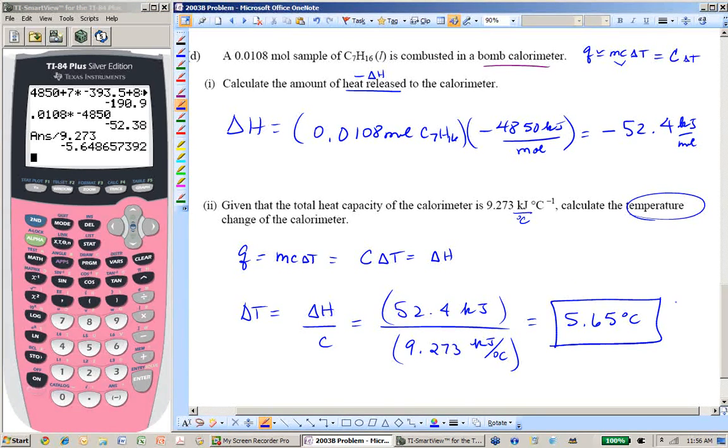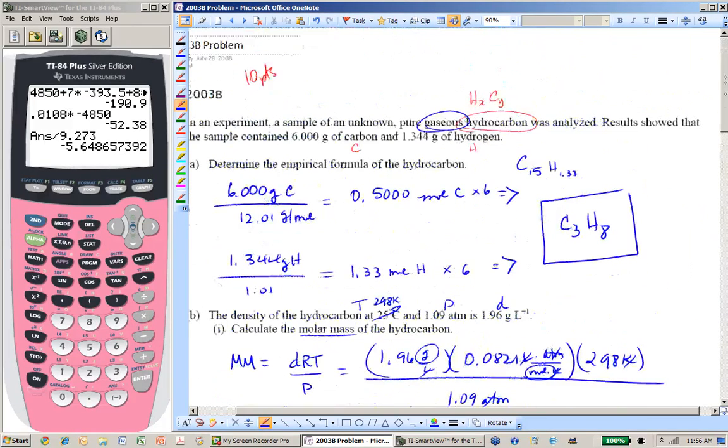All right, I don't think I talked scoring on this, so let me just double check and make sure that you are clear on what you got scored for. So back up here on part A, we got a point for getting this ratio. A point for realizing I got to go all the way to 6 before I get this to work out into whole numbers.